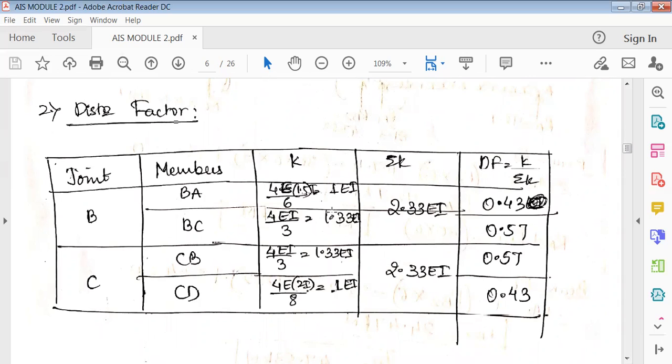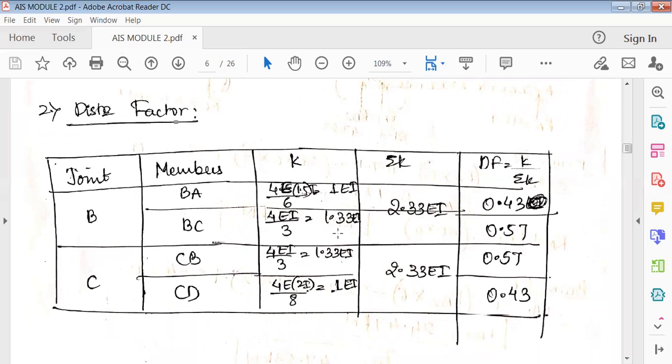Now what you have to do is, at B, you have to add this. So summation K is only at this joint. So 1.33 plus 1. So it is 2.33 EI. Okay, then keep it as it is. Next, after this, distribution factor is K by summation K. So K, 1 divided by 2.33 is 0.43.